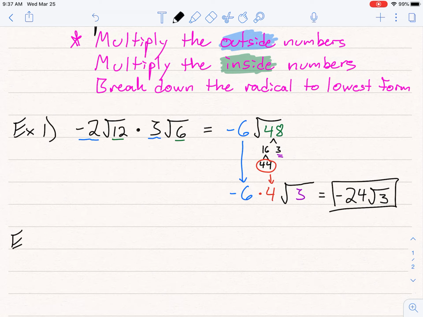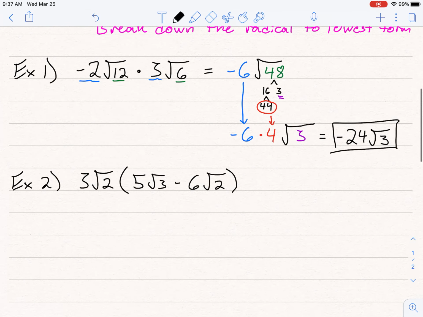We can also do this with a monomial times a binomial. So an example would be if I had 3 square root of 2 times the binomial of 5 square root 3 minus 6 square root 2. Now, what this would look like is distribution, so I'm taking this term here and multiplying it to each one of these terms on the inside.